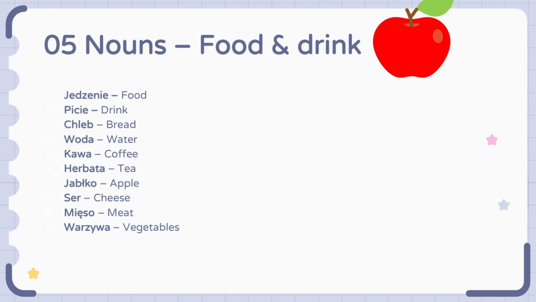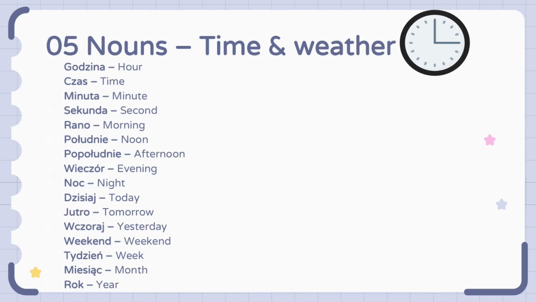So in this case, I'm going to go over it in jabłko. You don't say it in full, because when you do speak really quickly, you say it reduced. That basically means that the w is completely reduced and b is reduced to p, its softer equivalent. Ser, cheese, mięso, meat, warzywa, vegetables.